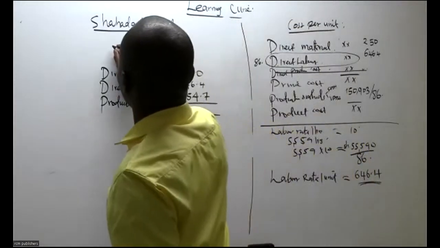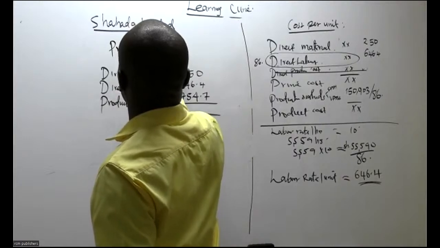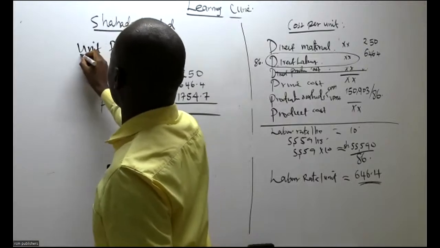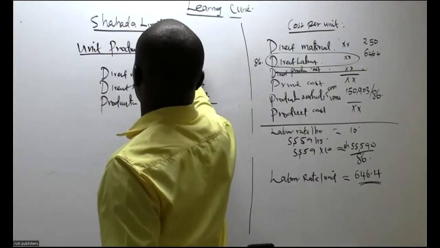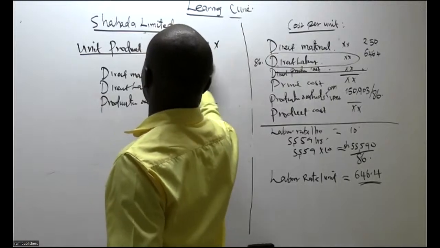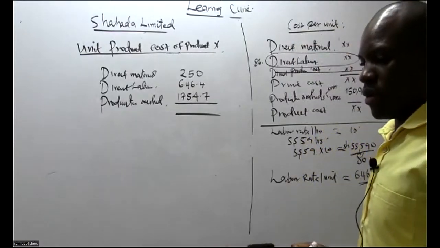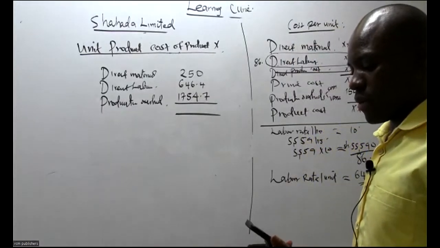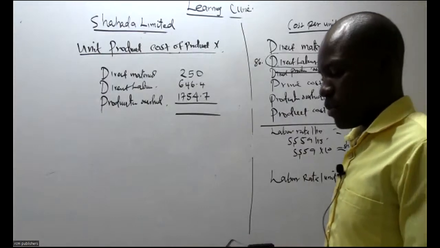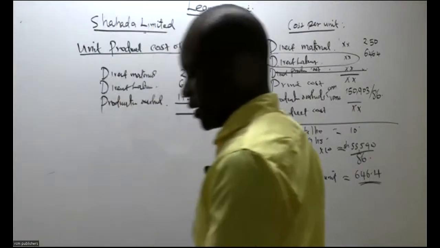So just say unit production cost or product X. Tunapata ngapi total? Let's add it.